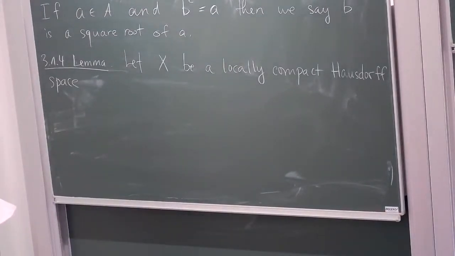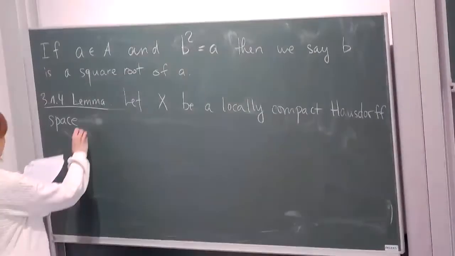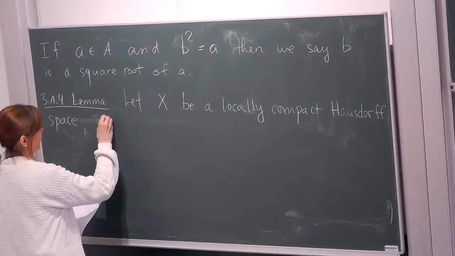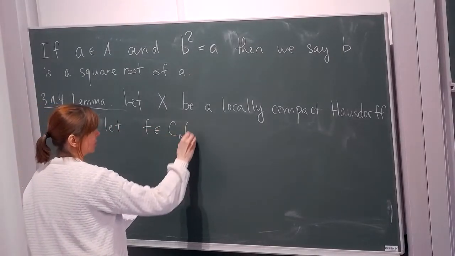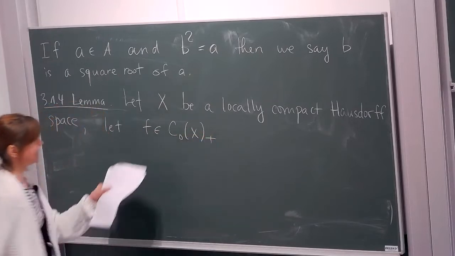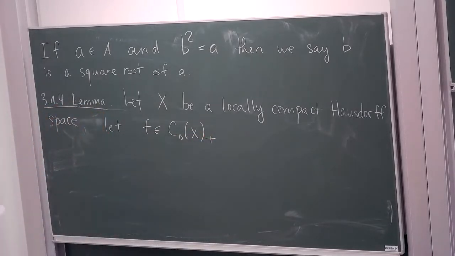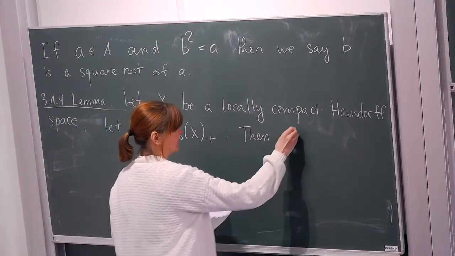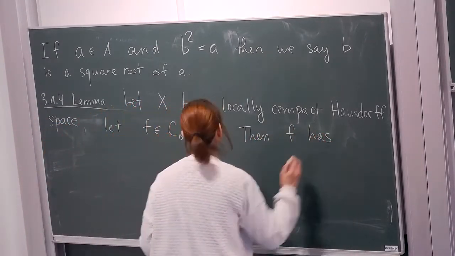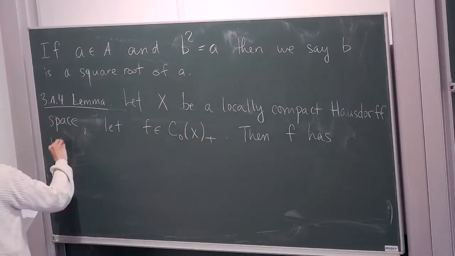So let X be a locally compact Hausdorff space, and let f be a positive element in C naught of X. Then f has a unique positive square root.